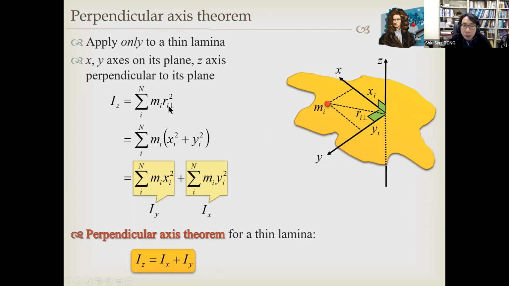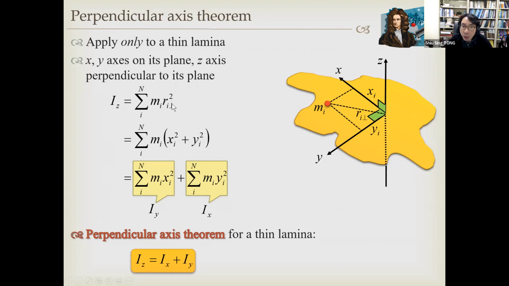Now, but be careful. You can see in this formula we have Ri squared, which is the distance between the point mass mi and the axis. And so in this diagram, if my point mass is here, then Ri squared is this distance squared. Now you are required to find Ri squared to calculate the moment of inertia.